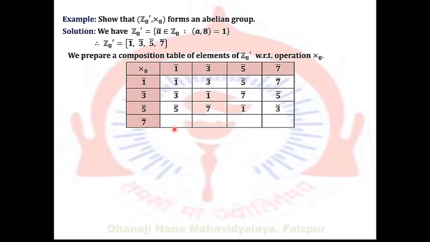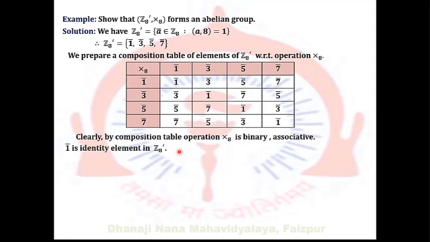Also 7 bar into 1 bar is 7 bar, 7 bar into 3 bar is 5 bar, 7 bar into 5 bar is 3 bar, and 7 bar into 7 bar is 49 bar. But if we divide 49 by 8, the remainder is 1. So 7 bar into 7 bar is 1 bar. So clearly by the composition table, the operation multiplication modulo 8 is a binary operation and it is associative.